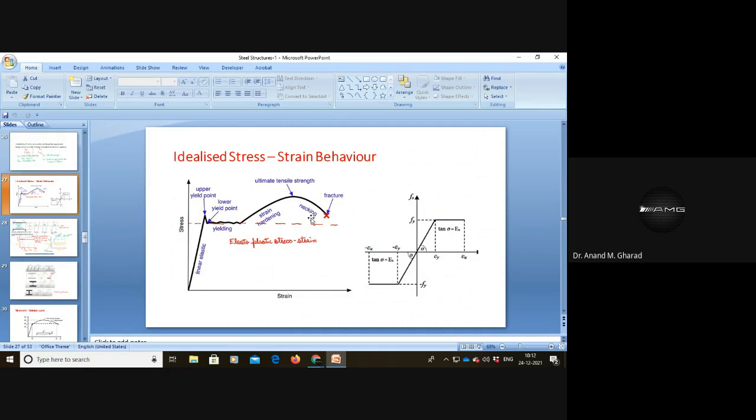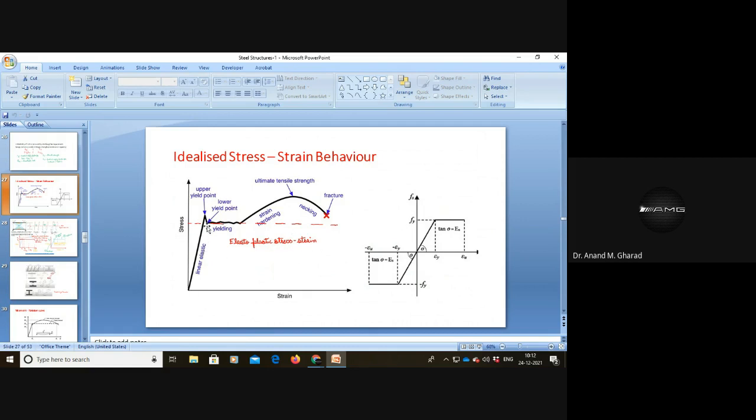So in order to simplify things, the researchers considered this lower yield point to be the yield stress, that is Fy, and they extended this line up to the fracture limit. They term this curve, which is a bilinear curve, the elastoplastic stress strain curve.